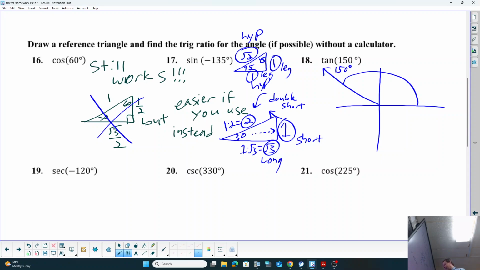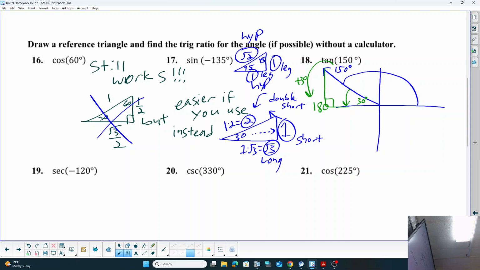Now we're going to draw the reference angle. The reference angle is the angle to the x-axis. So what's the difference from 150 to 180? It's about 30, right? And so this is going to be a 30, 60, 90 right triangle.